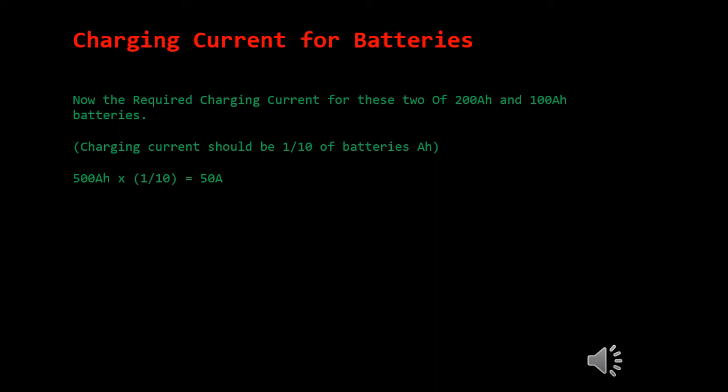Now, the required charging current for these two 200 amps per hour and one 100 amps per hour battery should be 1/10 of the battery's amp hours, which will be 500 amps times 1/10, which is 50 amps. So our charging current of the batteries is 50 amps.